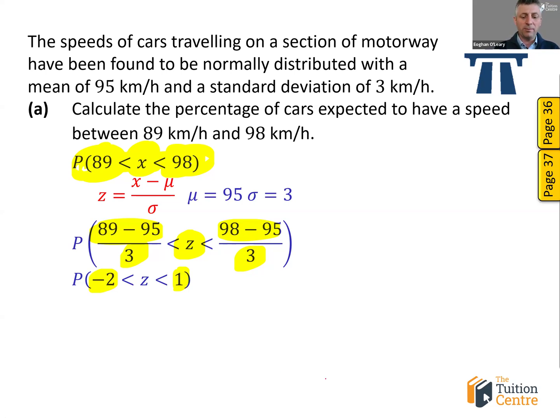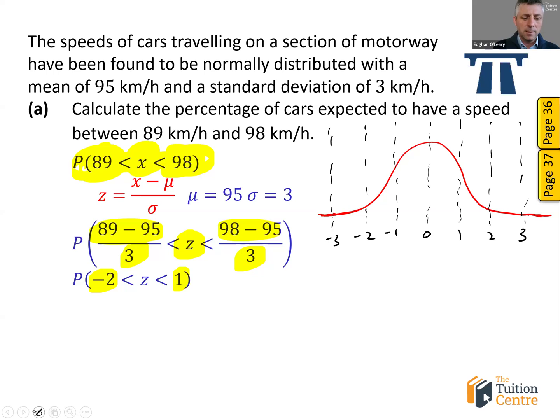Why is that? Well, if I draw my standard normal distribution curve, we can see that's our bell curve. It's standard normal with a mean of 0 and standard deviation of 1. In the actual question, it had a mean of 95 and a standard deviation of 3. So sigma was 3. 1 standard deviation above the mean brings you to 98. 1 below brings you to 92.